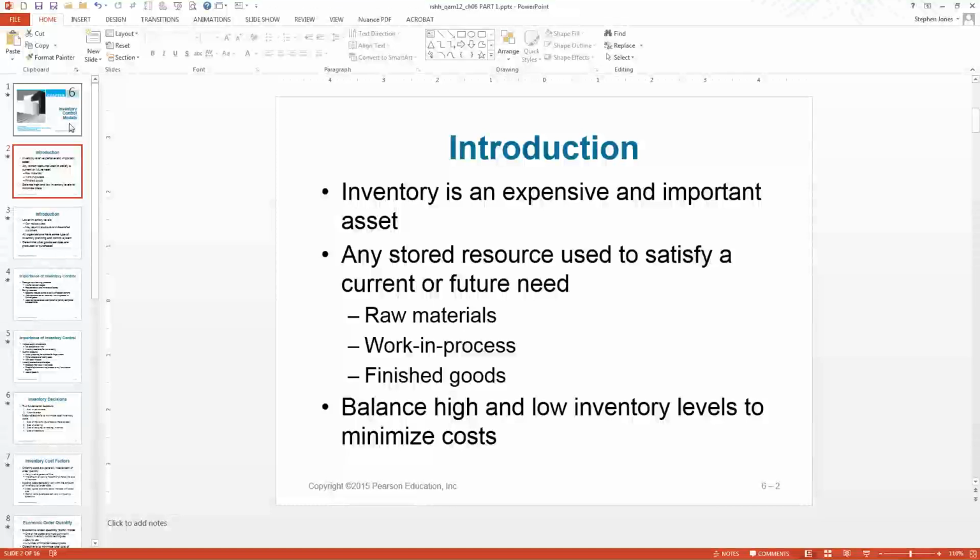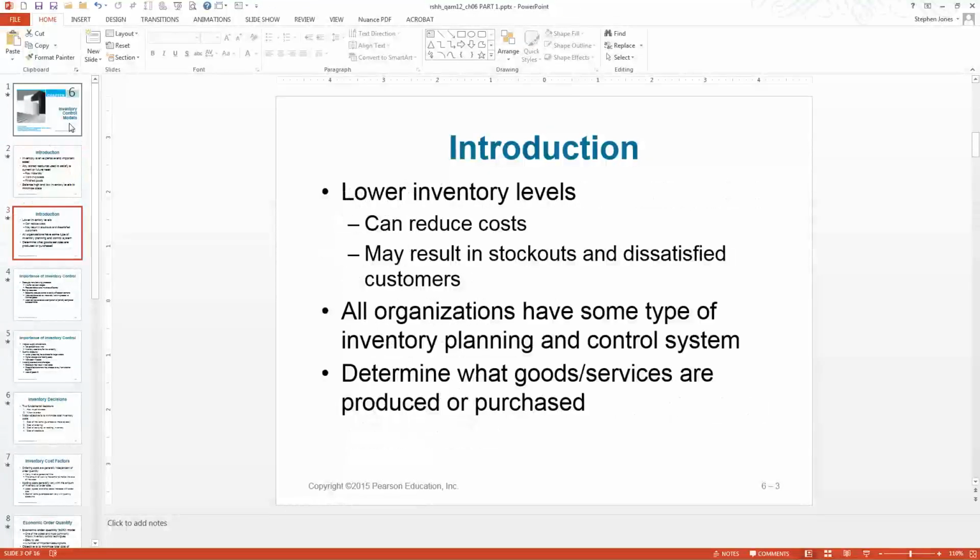It doesn't convert back liquid until it actually gets sold. So it's just assets that are being held, and if you can move it out quickly, that's all to the best. If you can keep lower inventory levels, overall you're going to keep insurance, shrinkage, loss, costs down, and that's all to the best.